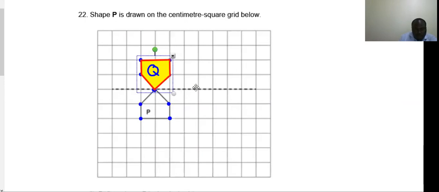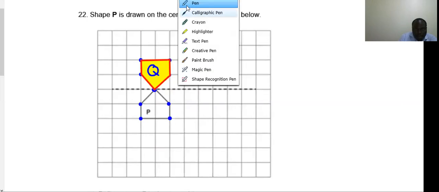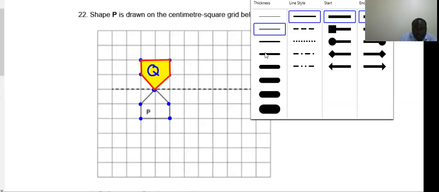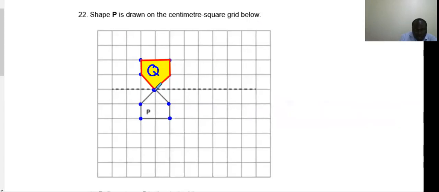So start with this point, for example, move this point here 3 units right, 4 units up. So 1, 2, 3, 1, 2, 3, 4. So that dot will be there.